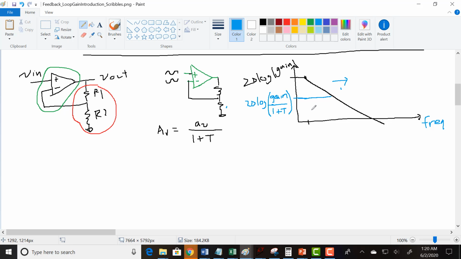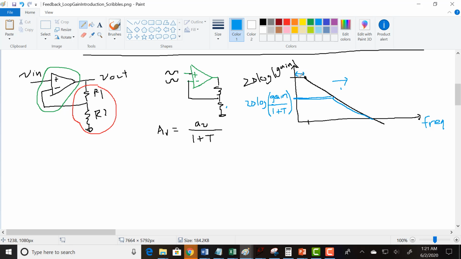You can do anything to the left of that line, but you can't do anything to the right. So when you hook it up with feedback, now you've got your new gain, and it keeps it at that gain until it hits the underlying op-amp limitation, and then it follows the line down. Up here, this has a very narrow bandwidth.